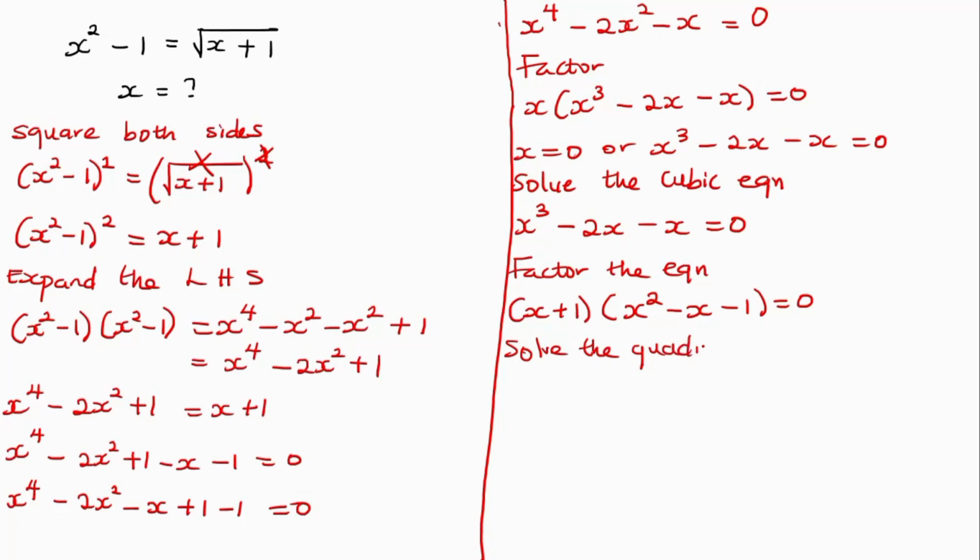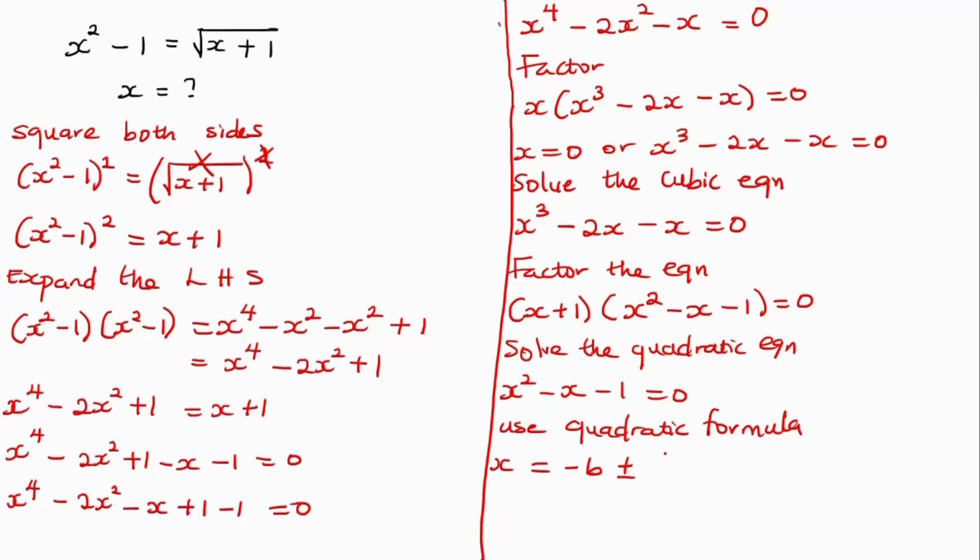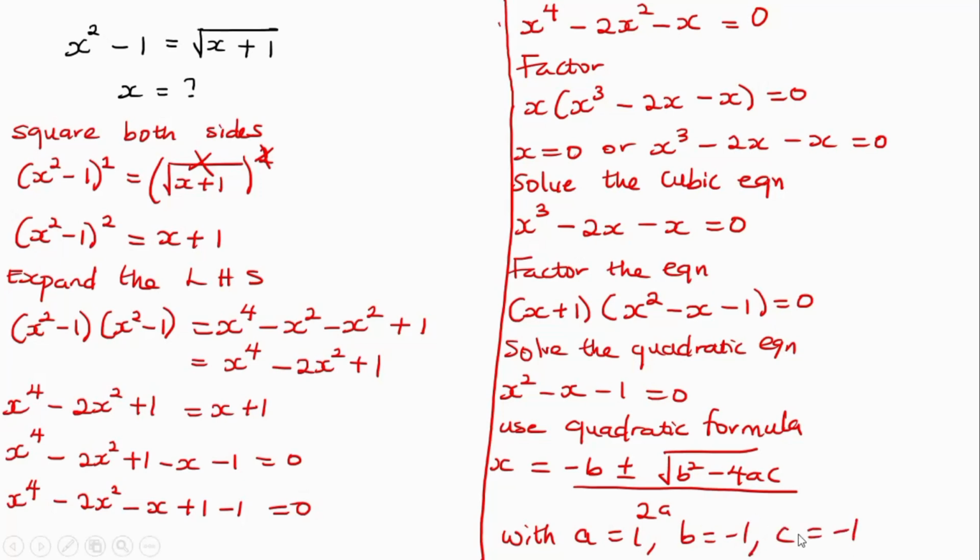Now let's simply solve the quadratic equation. We have that x squared minus x minus 1 is equal to 0. And we can easily solve this by making use of the quadratic formula, which states x is equal to minus b plus or minus the root of b squared minus 4ac, all over 2a, with a equal to 1, b equal to negative 1, and c equal to negative 1.